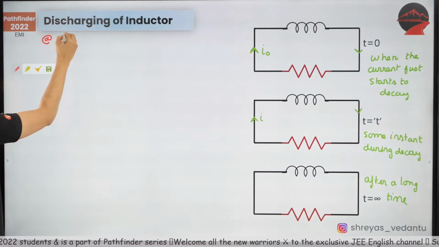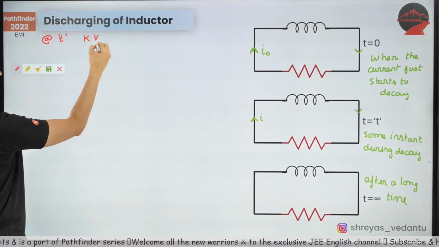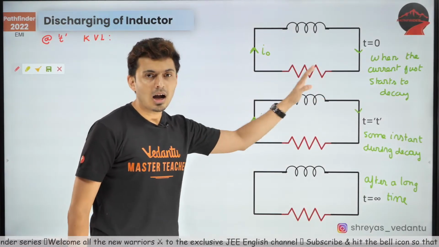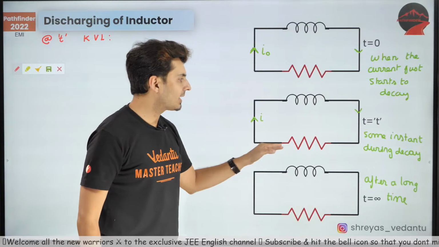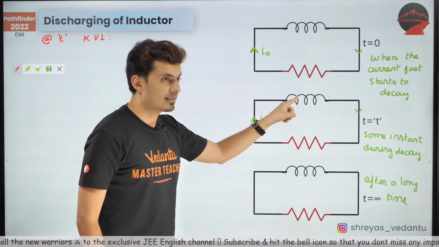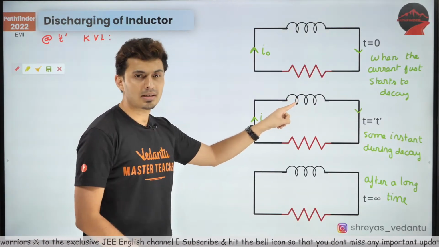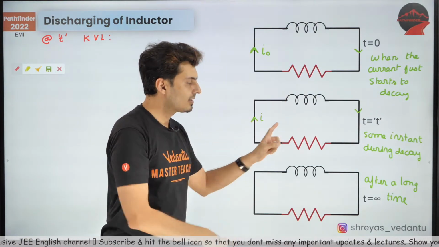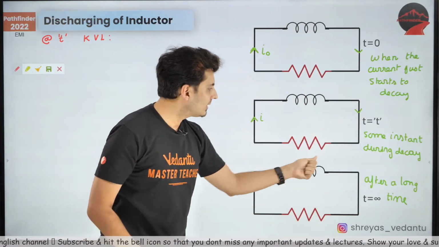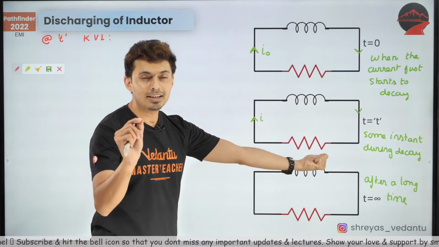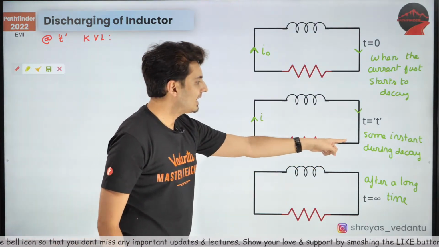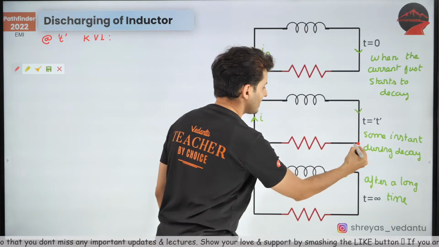At some instant, let's apply Kirchhoff's voltage law across the loop. At some random instant, how will the KVL equation look? Well, there are only two devices, so I will have only two terms in the KVL equation. Remember, the sum of all the voltages across the loop in a circuit is always 0. So that's what we are going to use. Now, let's say I start from here.